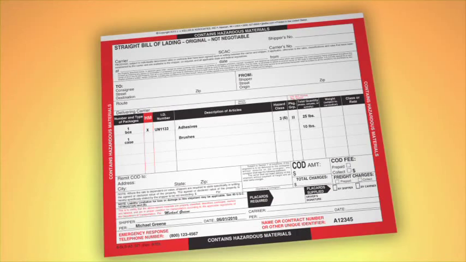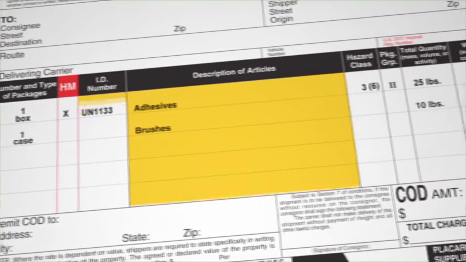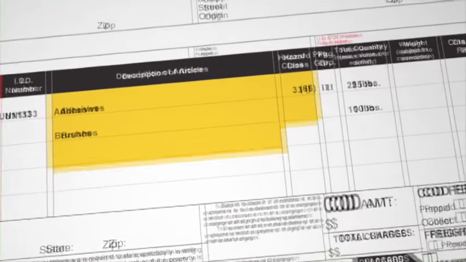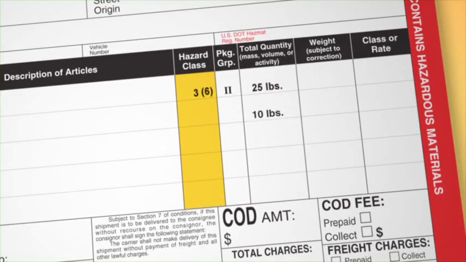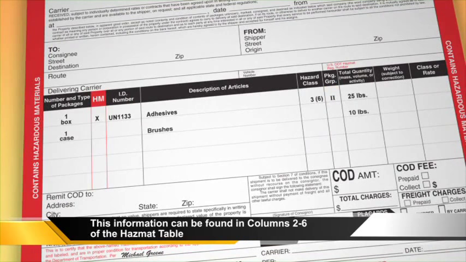The items that make up the basic description must appear in this order: the UN, NA or ID identification number, proper shipping name, primary hazard class or division number, subsidiary hazard class or division number in parentheses, and packing group if there is one. This information can be found in columns 2 through 6 of the Hazmat table.